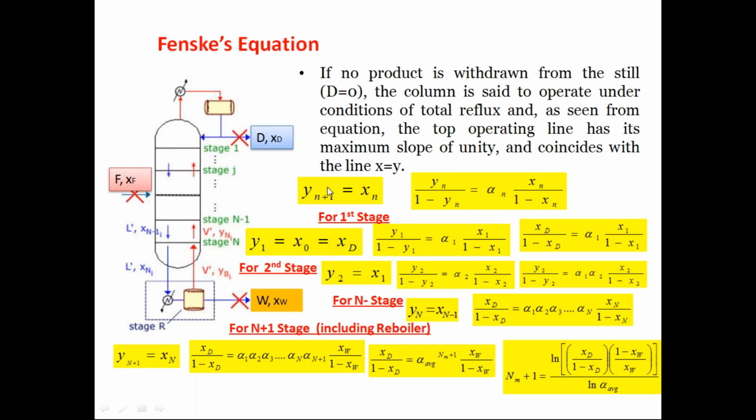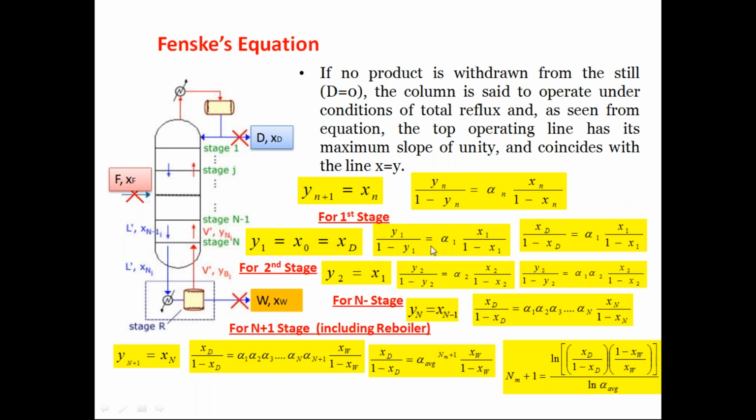Now coming to the stage, there will be equilibrium between y1 and x1. So this is the equilibrium relation between y1 and x1 that will result over stage 1. This is how you can write it down for stage 1, stage 2, stage 3, and like that you can go on writing.